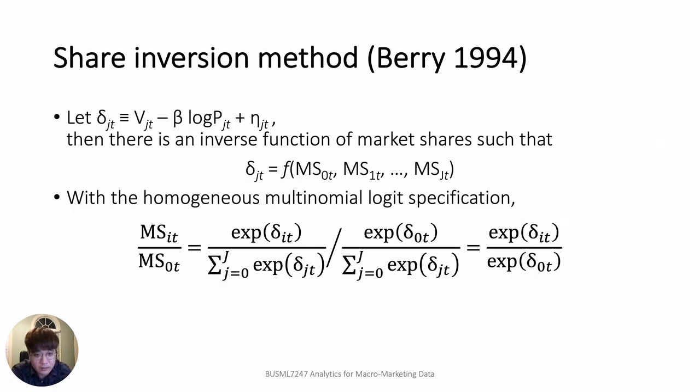The denominator is the same for both options, so the denominators are cancelled out. Then, the ratio of the shares is given by the ratio of exp of delta. Taking log, we have this simple equation. The deviation of delta_j from delta of the outside option is equal to the deviation of the log market share of j from the log market share of the outside option.